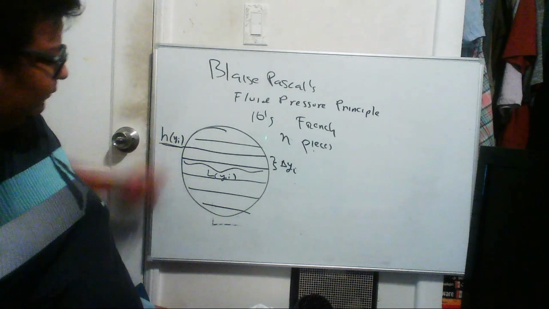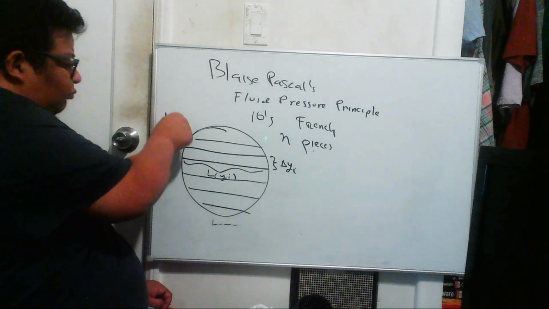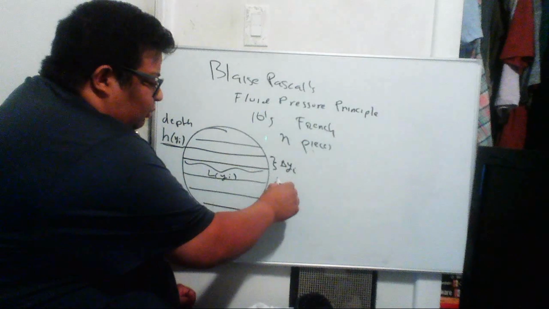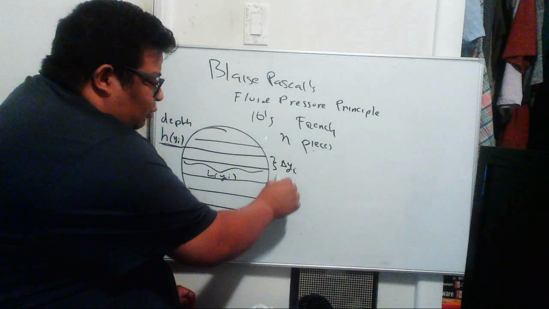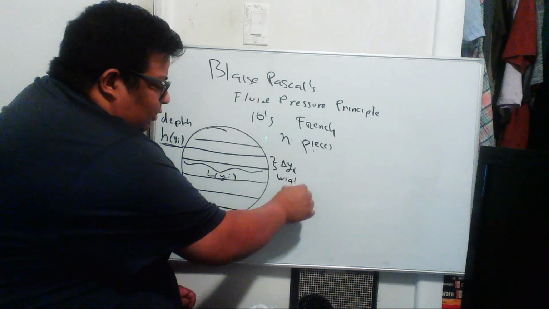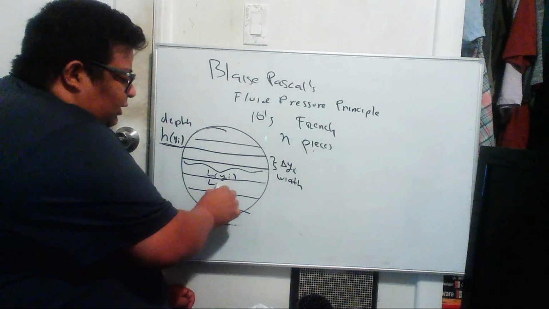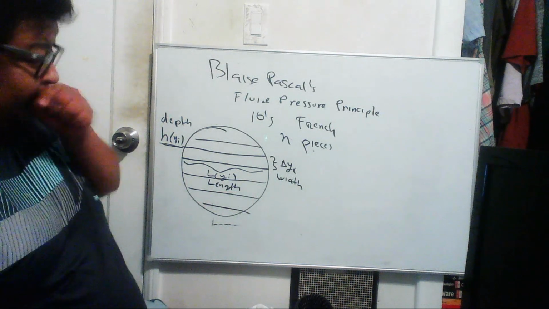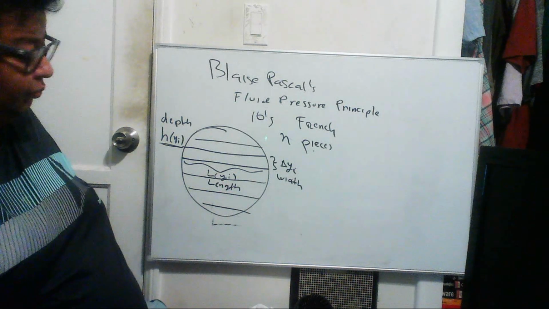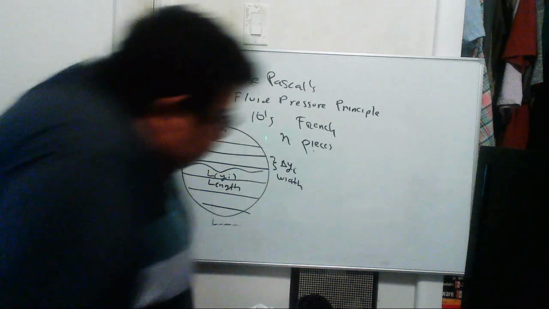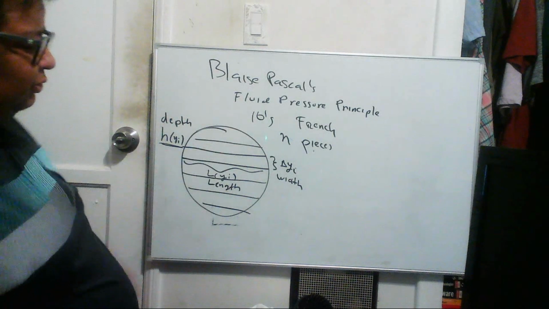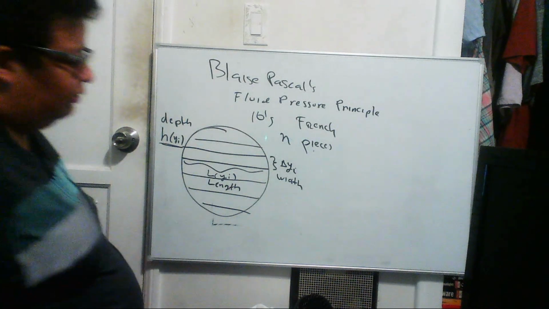So this is the depth, this is the width, and this is the length. So then, to find the fluid pressure of such a thing, there is a definition for it.